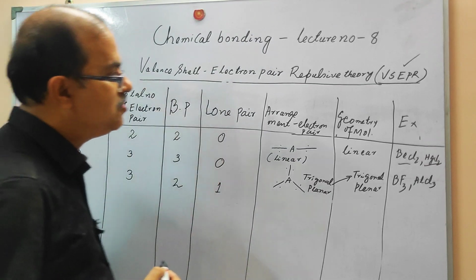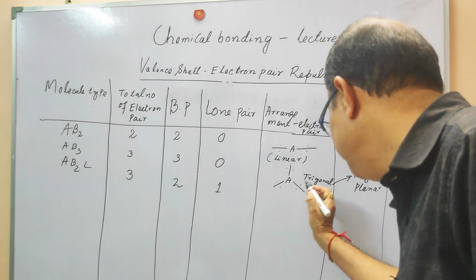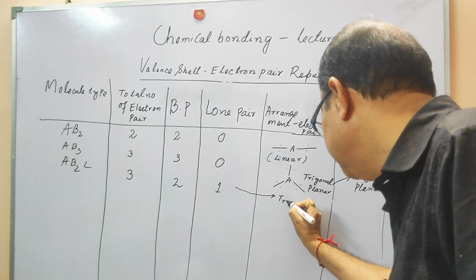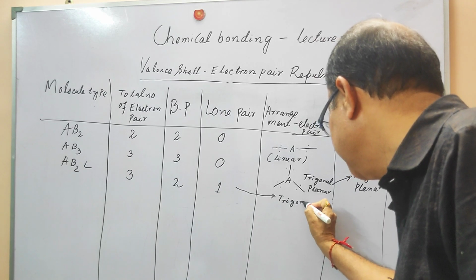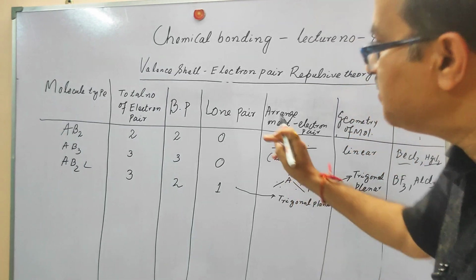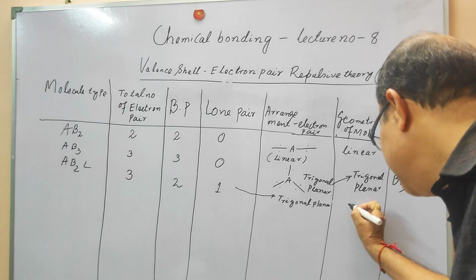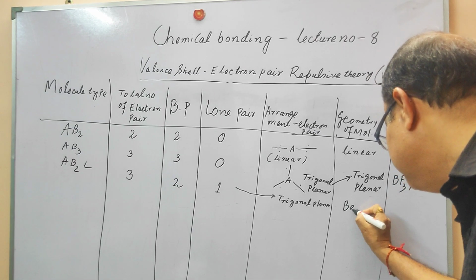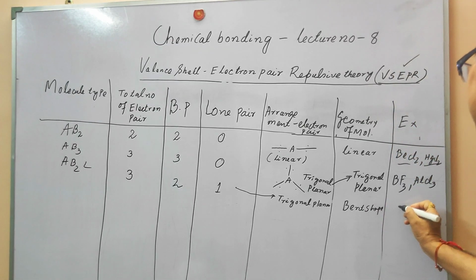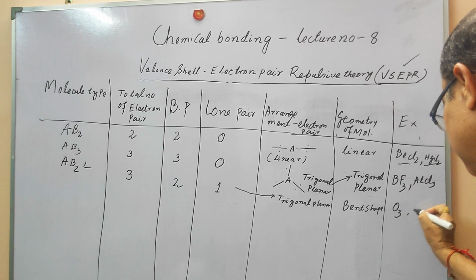So what will be the arrangement of the electron pairs first? The electron pair arrangement will be the same, trigonal planar. But due to the presence of the lone pair of electrons, its geometry will be V shape, bent shape. Examples are O3 and SO2.